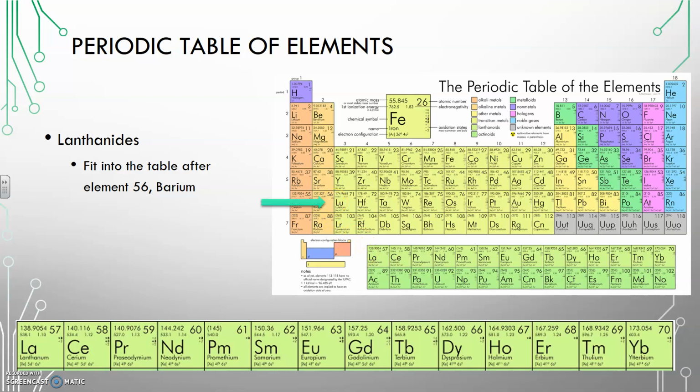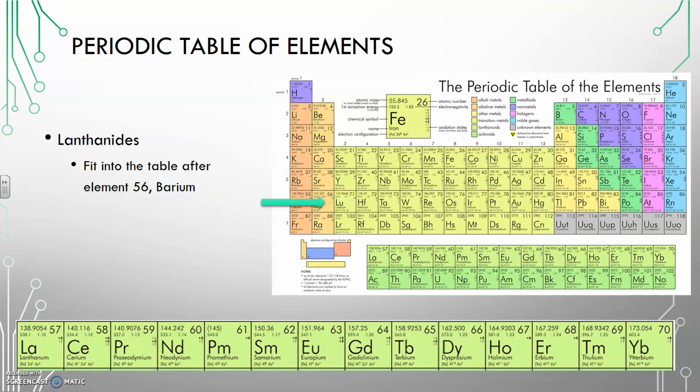Sometimes you will see lanthanum at the end here next to ytterbium, and then they will leave this square basically blank, and it'll say 57 to 71.